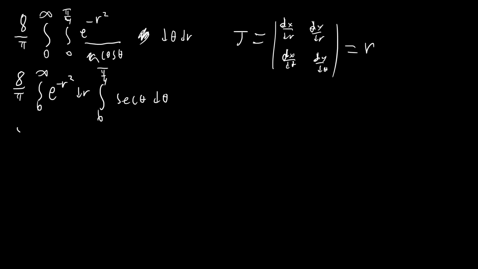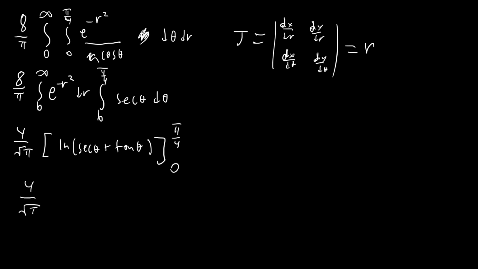So we're going to get 4 over square root pi times this integral, which is just going to be natural log of secant theta plus tangent theta. That's the integral of secant, evaluated at pi over 4 and at 0. And so at pi over 4, we're going to have square root 2 plus 1, and at 0, we're just going to have 1, so that's going to disappear. So overall, our answer to this awesome question is going to be 4 over square root pi times natural log of 1 plus square root 2.